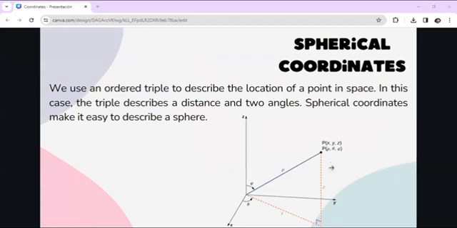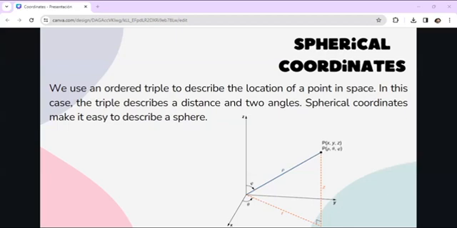Now we have spherical coordinates. In spherical coordinates we use an ordered triple to describe the location of a point in space. In this case, the triple describes a distance and two angles. The spherical coordinates make it easy to describe a sphere.